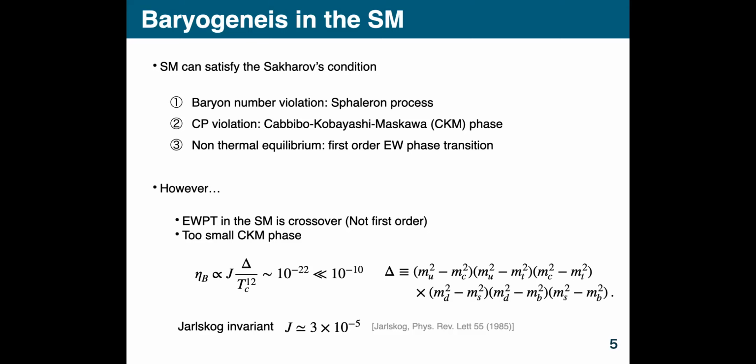This value is very small when we compare it with the observed value. Therefore, to explain the baryon asymmetry of the universe, we need new physics, which can give us sources of CP violation and the non-equilibrium situation.